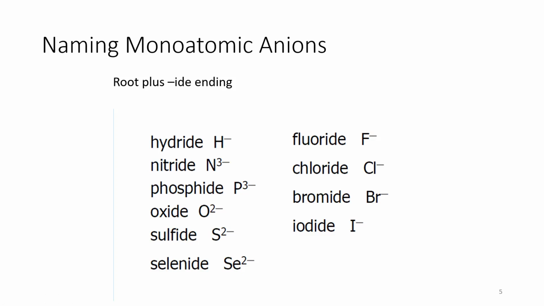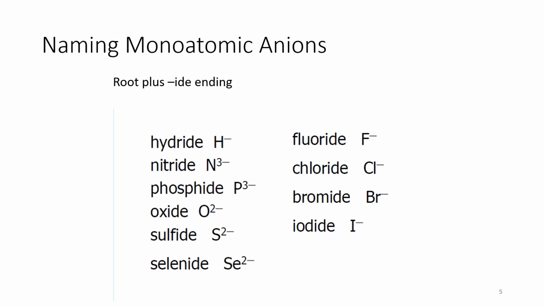But with anions, so anions are going to end up having a negative charge, and these are going to be nonmetals. So when an ionic compound is formed between a metal and a nonmetal, the metal part, you're just going to keep the same elemental name, but the nonmetal part, the anion, the part that's going to become the negatively charged particle, you're going to use the root of the word and then add an IDE ending.